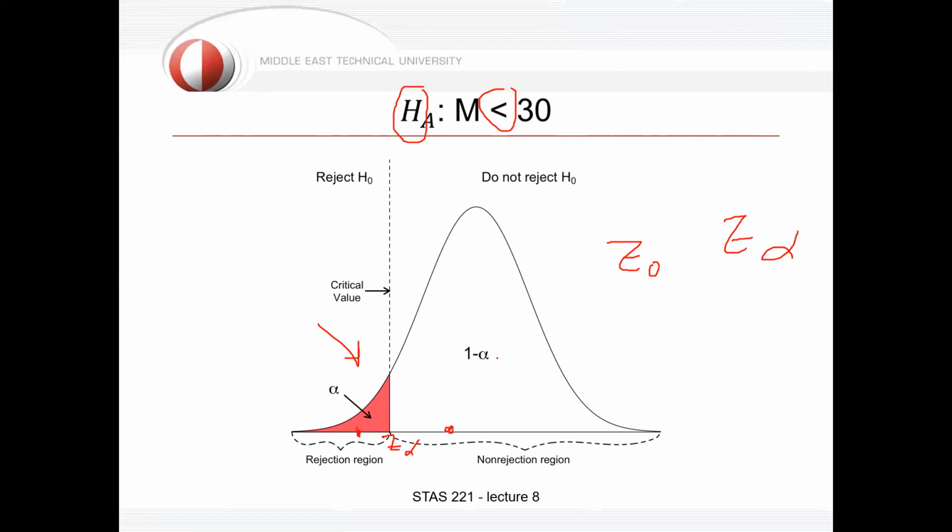If it is here, then you accept it. And you should always mention at what level, and based on alpha, you can define it. But when we talk about p-value, everything should be happening in terms of probability. So let's say if it happens to be here, then obviously p-value is more than alpha. That's why we accept the null hypothesis.